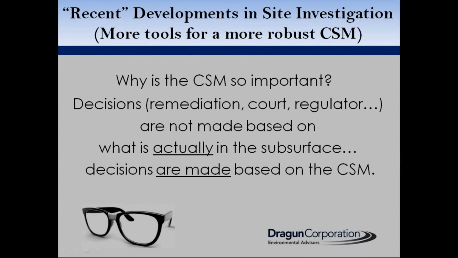So why is the conceptual site model so important? When I started with Dragon back in the early 90s, I was thrown right into a large court battle, and I'm going to talk about that a little bit later on. But what I've learned over the years is that the decisions that are made, either on remediation, in court, or a regulator's decision, are based on the conceptual site model, not what is actually in the subsurface.